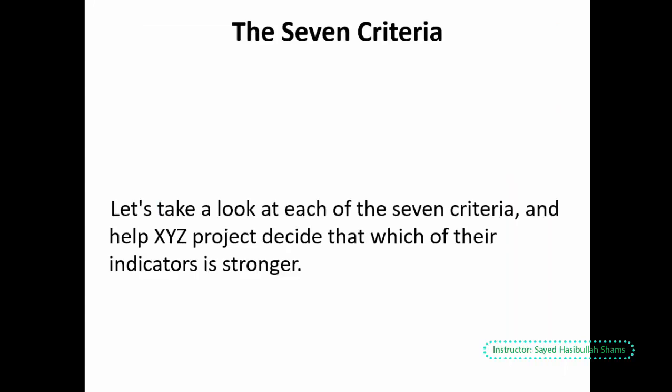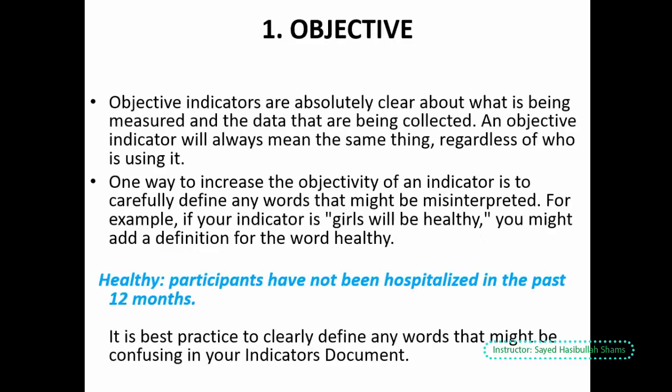So one by one, for example, we have XYZ projects, and we decide to choose strong indicators. The first one is objectivity. The indicator must be objective. To have objectivity, we must define every confusing word very clearly.